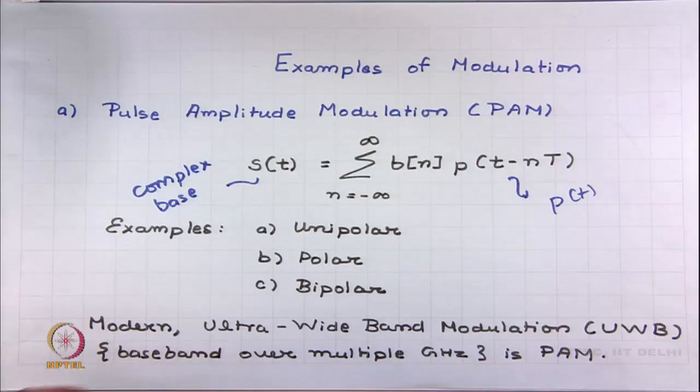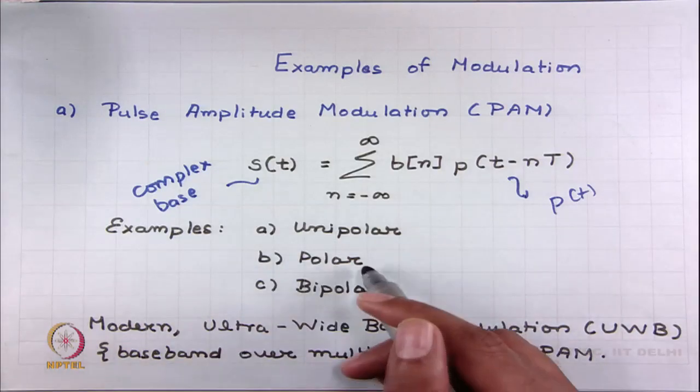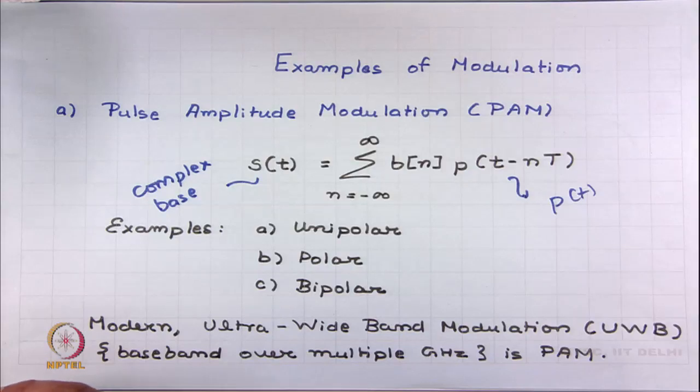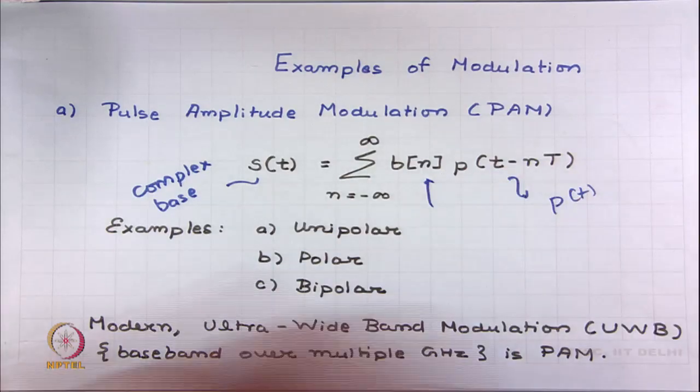So, we have seen various examples of modulation before. For example, we have seen unipolar modulation, polar modulation, bipolar modulation. In all these modulation schemes, what happens? Based on the binary sequence you choose this b_n, and b_n is modulating the pulse.